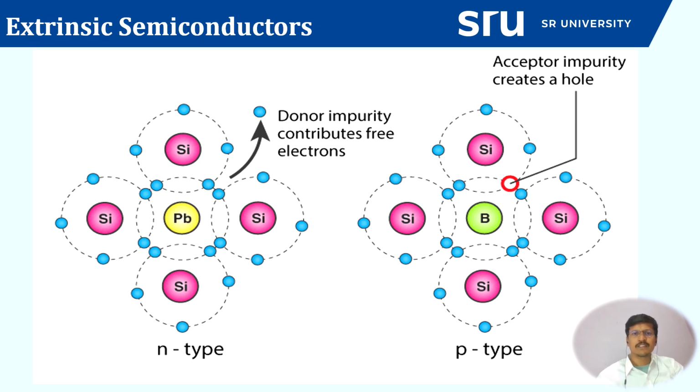But surprisingly, even one impurity atom among millions of silicon atoms can significantly increase the conductivity. This demonstrates how sensitive semiconductor materials are to atomic-scale modifications.